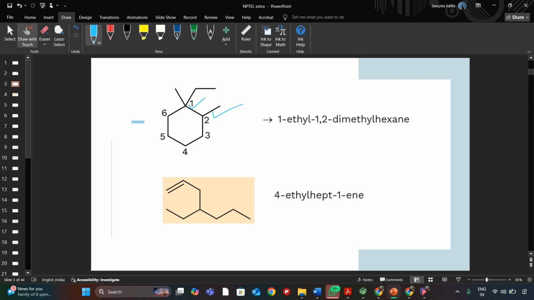So this is how the name of the compound will be 1-ethyl-1,2-dimethyl cyclohexane. So this is going to be the IUPAC name of it.